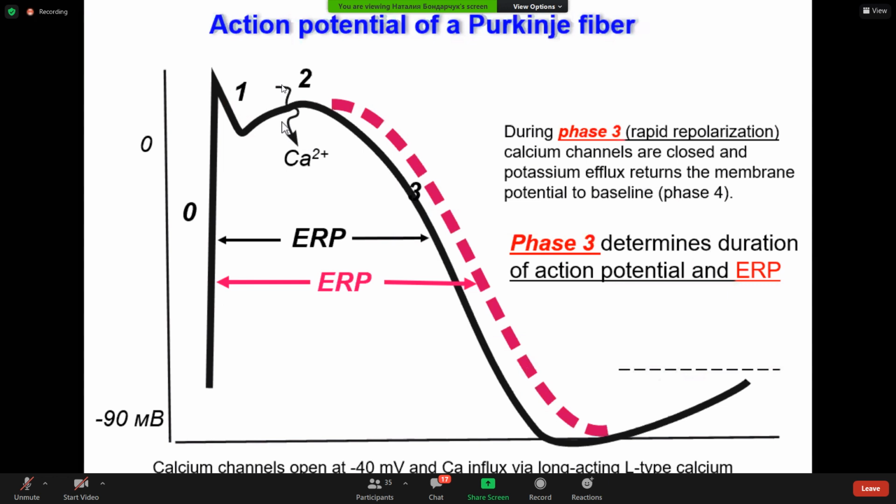So second phase is called plateau, or phase 2. Calcium channels open at the level of minus 40 millivolts, and calcium influx via long-acting L-type calcium channels maintain the membrane potential during the second phase.